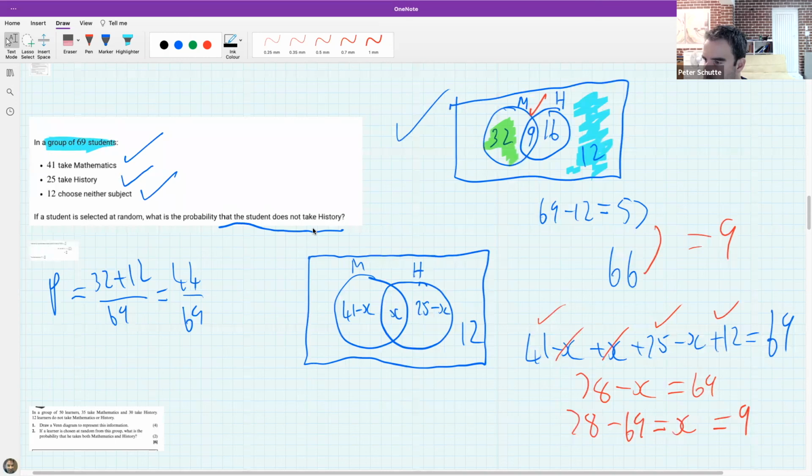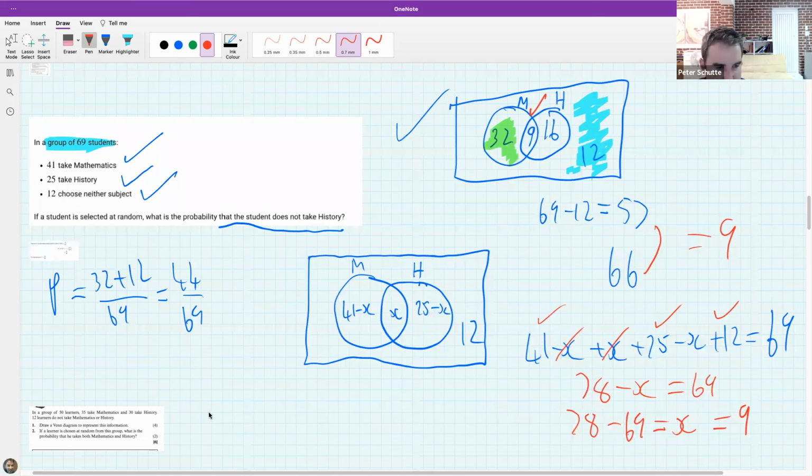Any questions? Sorry, I have a question. I was wondering, is there another way you could work out the middle by using the formula for the one where you use M or H, and then just for that you minus the 12?